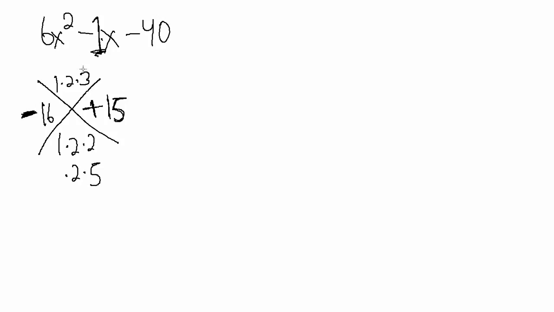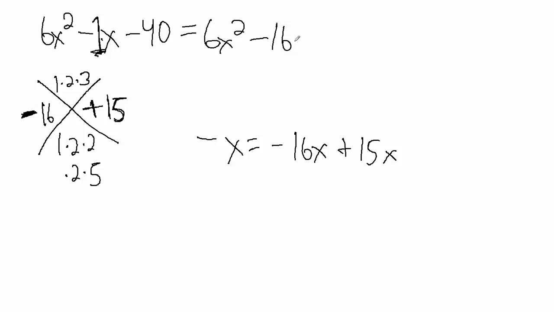Okay, so now what we do is use our -16 and positive 15 to split up that -1x. So negative x equals -16x plus 15x. Okay. So when we go back up here, what we're going to have is 6x squared minus 16x plus 15x minus 40.